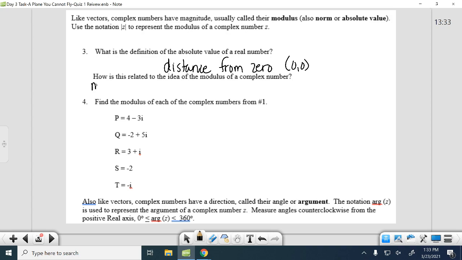So remember, the magnitude equaled the distance of the vectors, okay? And the vectors have an initial point of 0, 0.